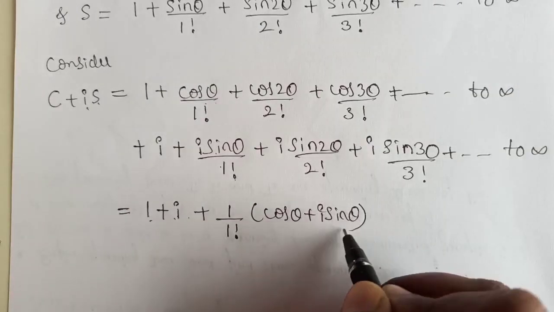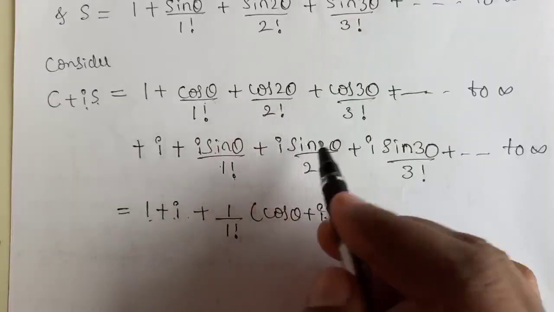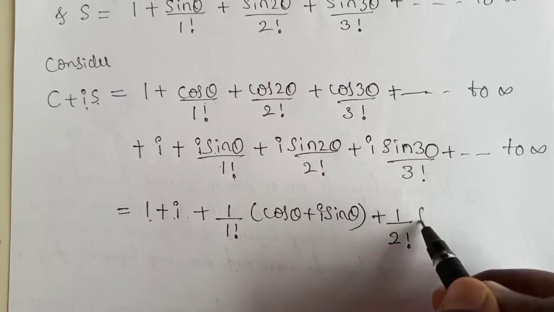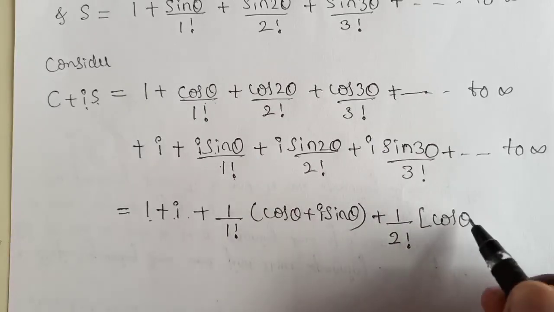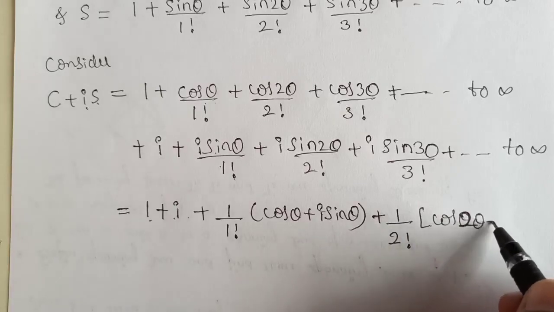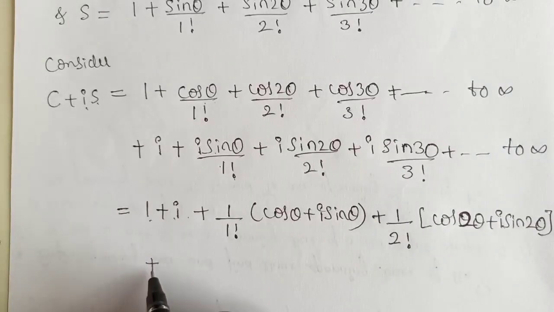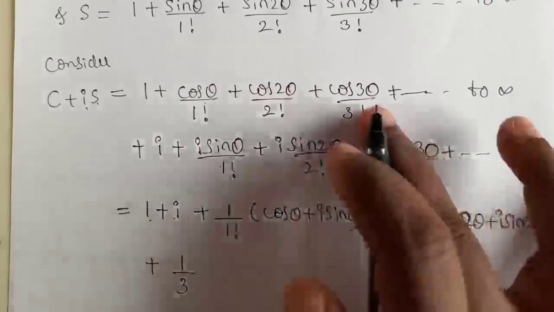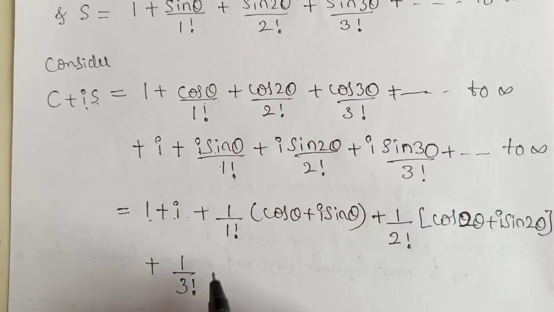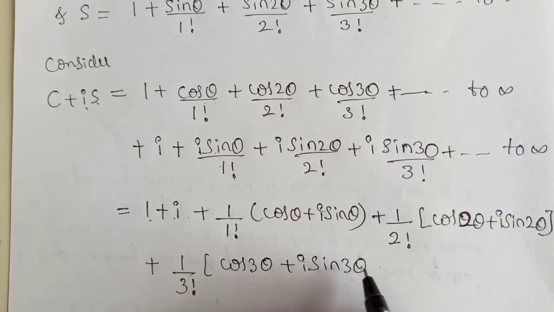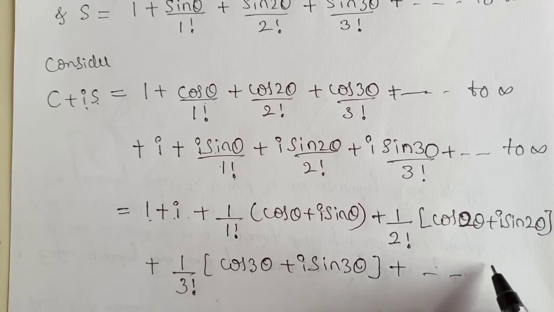Next, in these two terms we take 1 divided by 2 factorial as common, giving cos 2 theta plus i sin 2 theta. Similarly, in these two terms we take 1 divided by 3 factorial common, giving cos 3 theta plus i sin 3 theta, up to infinity.